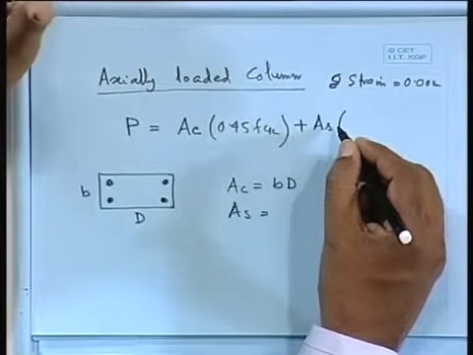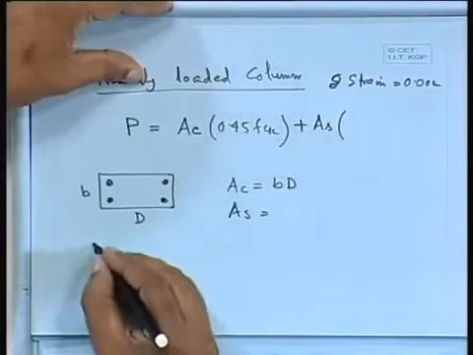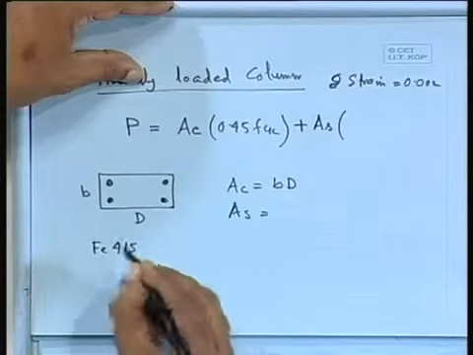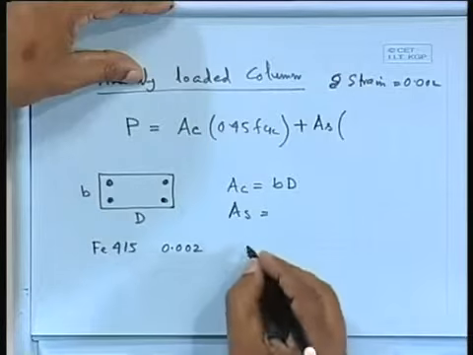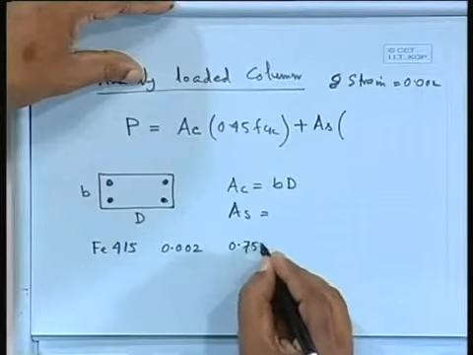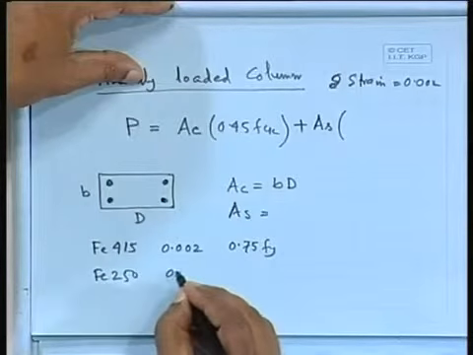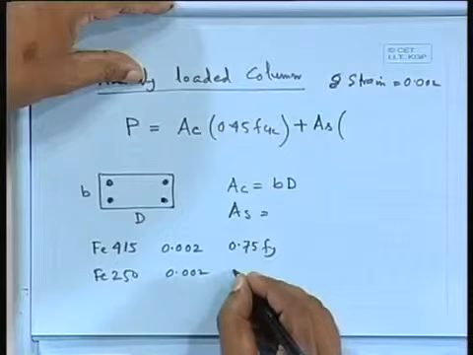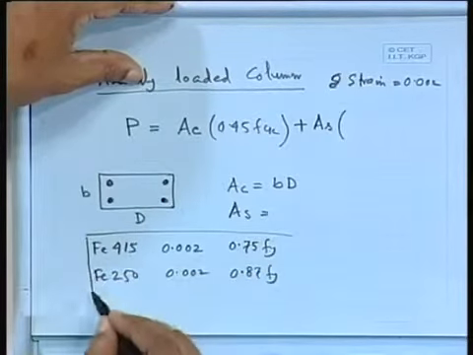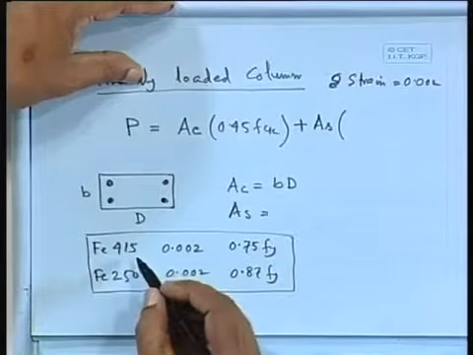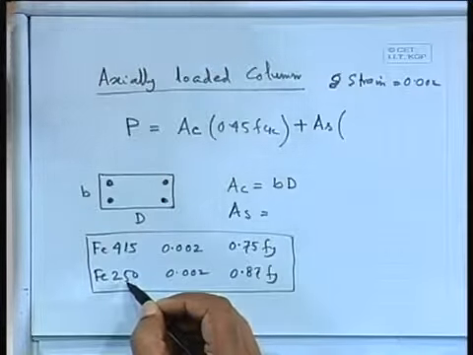If it is Fe415, for 0.002 the corresponding stress is 0.75 FOI. For Fe250, at 0.002 we have already achieved that, it is 0.87 FOI. So we shall get two different formulas: for 415 we shall get one, for 250 we shall get another one.